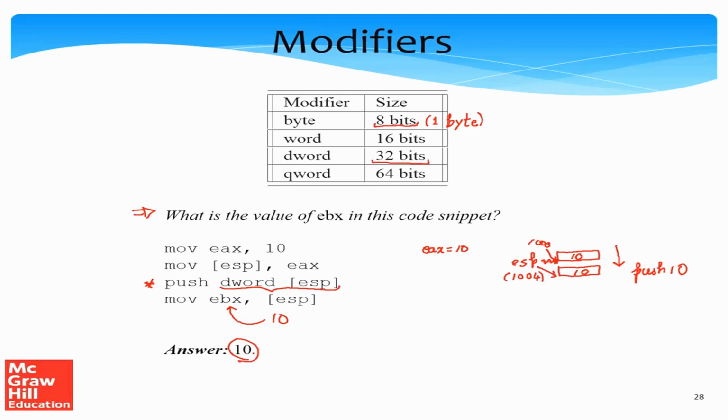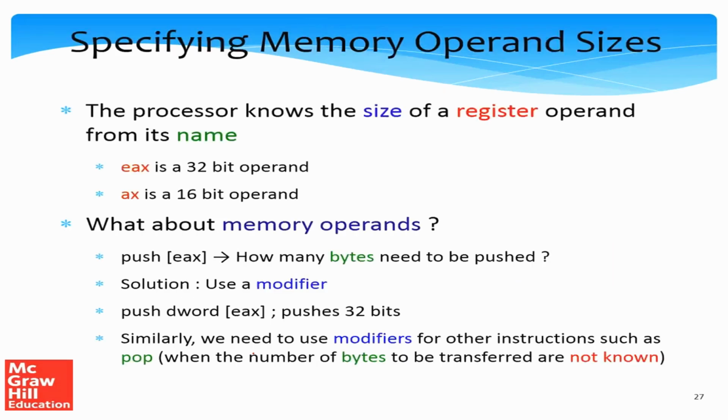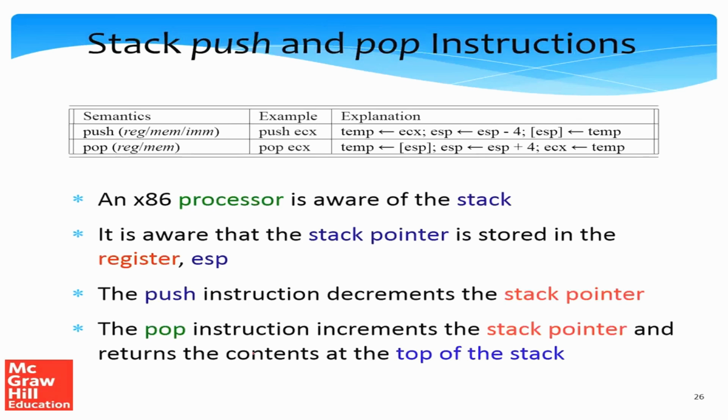And what was the complexity? The complexity was that the argument of the push instruction was a memory address that was determined by the current value of the stack pointer. It's just to ensure that the understanding is clear. So let me just go back to the point where we defined the push instructions.